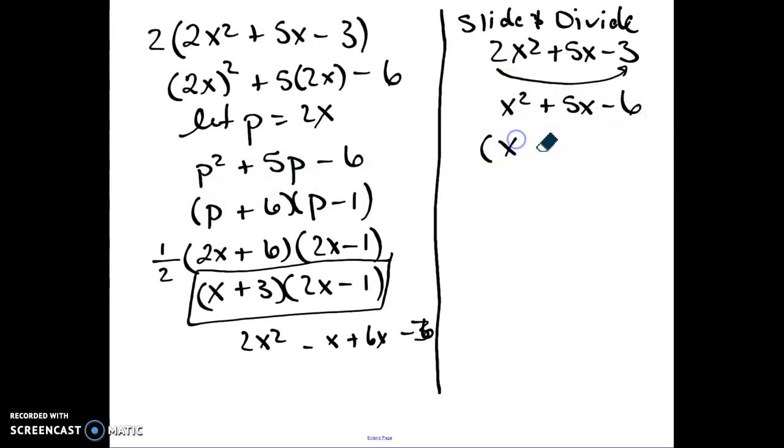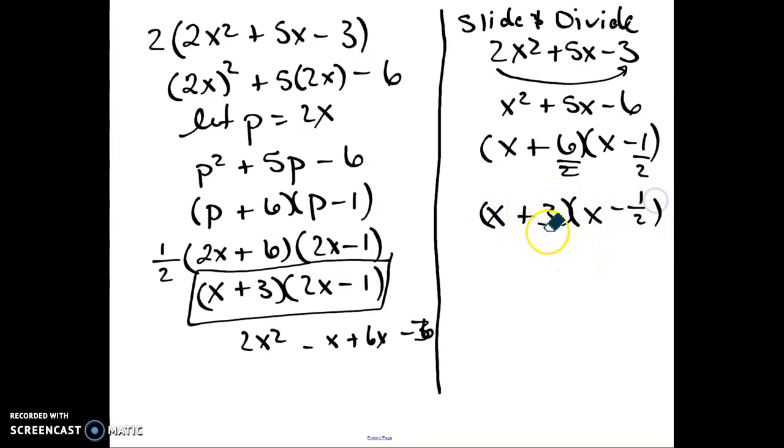I can then factor that expression, x plus 6 times x minus 1. But I still have to undo this kind of cheating multiplication here. So I'm going to divide both of these terms by the 2 that I multiplied in. So I get x plus 3 times x minus 1/2.